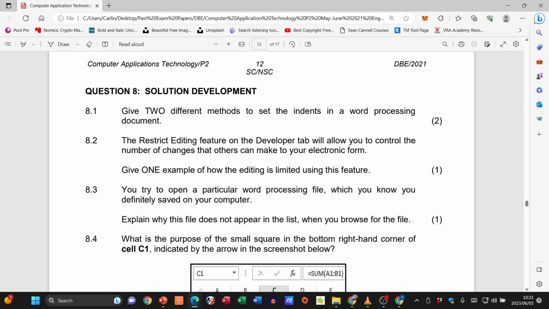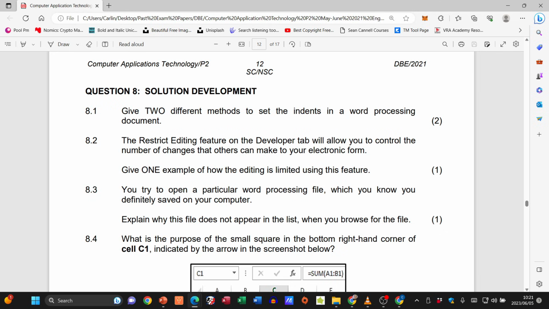The restrict editing feature on the developer tab will allow you to control the number of changes that others can make to your electronic form. Give one example of how the editing is limited using this feature. Well, this allows me to, for example, put the attribute of read only onto my document, which means people won't be able to do anything.